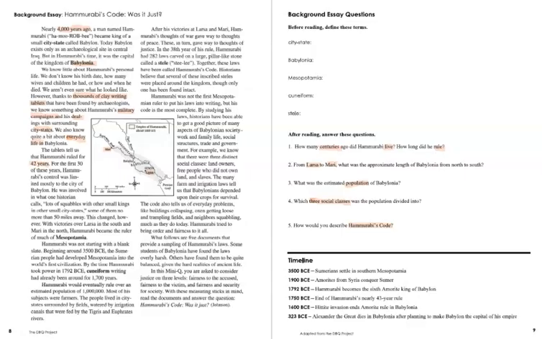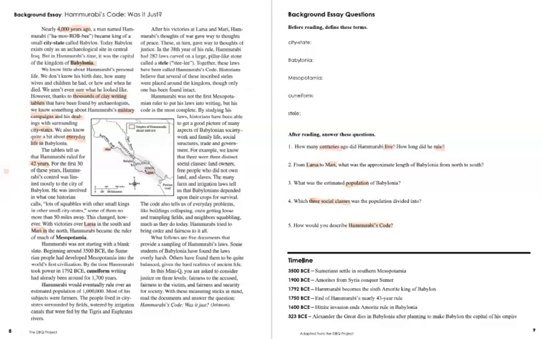For the first 30 of these years, Hammurabi's control was limited mostly to the city of Babylon. He was involved in what historians called lots of squabbles, which are like arguments, with other small kings in other small city-states, some of them no more than 50 miles away. This changed, however, with victories over Larsa in the south and Mari in the north.